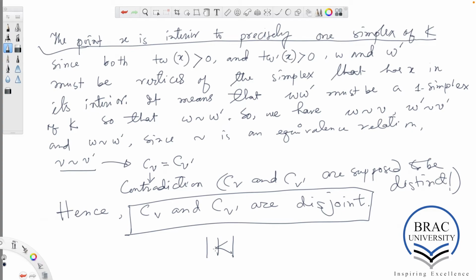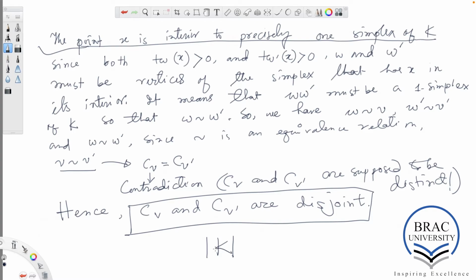They are connected, open, and disjoint, and hence they are components of this topological space mod K. Okay, so it's important to know that each such C sub V is the underlying space or the polytope of a subcomplex of K. Each simplex of K being connected lies entirely in one and only one of these C sub V's.